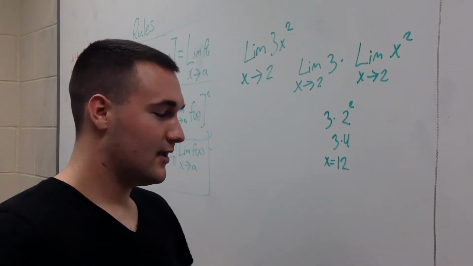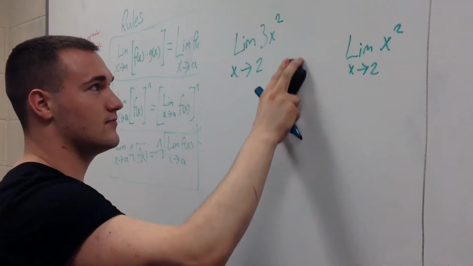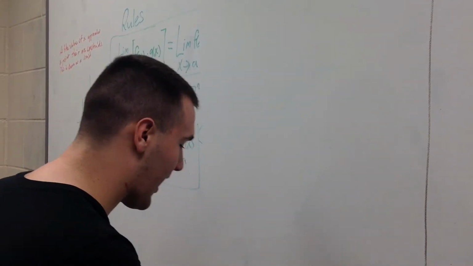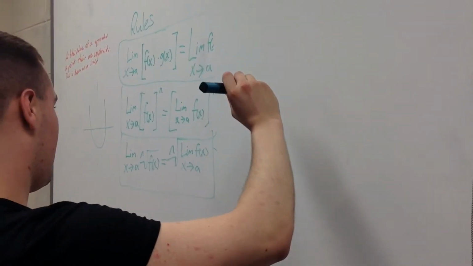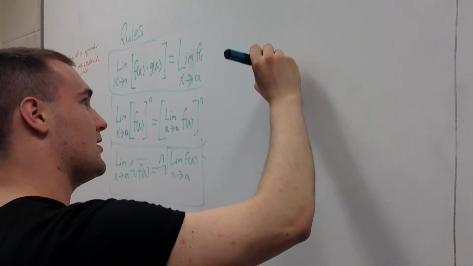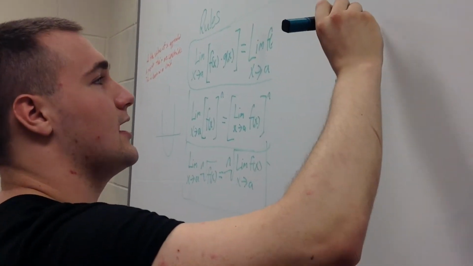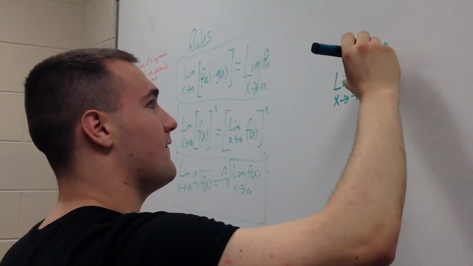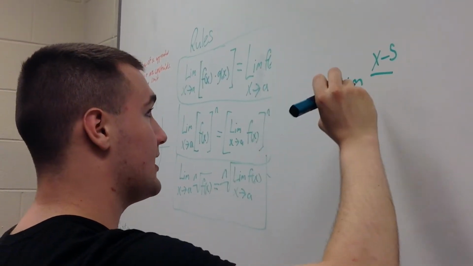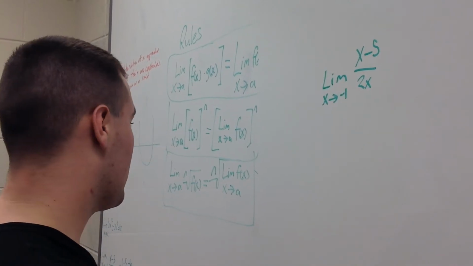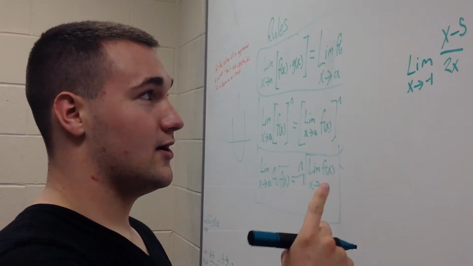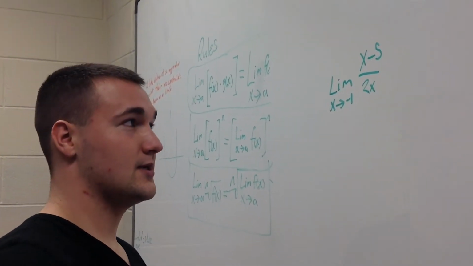That's it. Now we can do another one. Let's do a rational function this time. The limit as x approaches -1 of the function x minus 5 divided by 2x. We can think of this again as in one of the other ones.